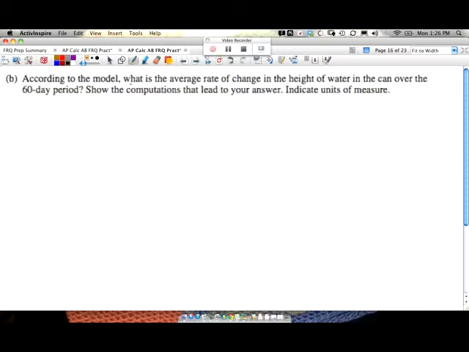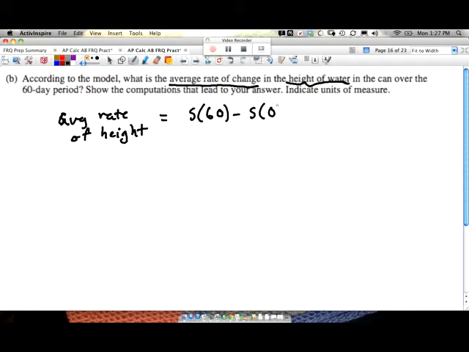Next, keep on going with the same idea. According to the model, what is the average rate of change in the height of water in the can over the 60-day period? Okay, so this is kind of interesting. The average rate of the height is going to be equal to S of 60 minus S of 0 over 60 minus 0.